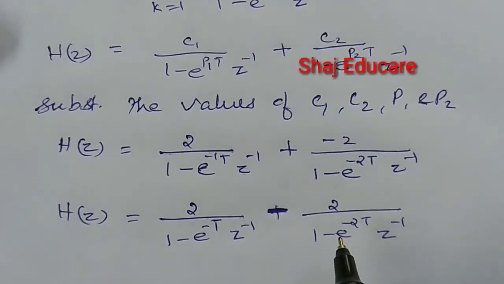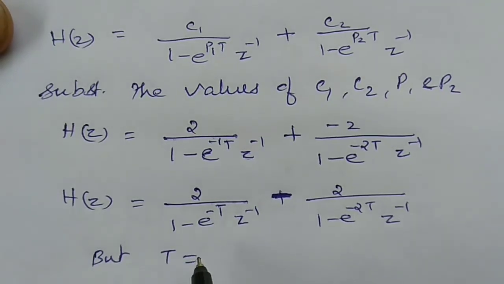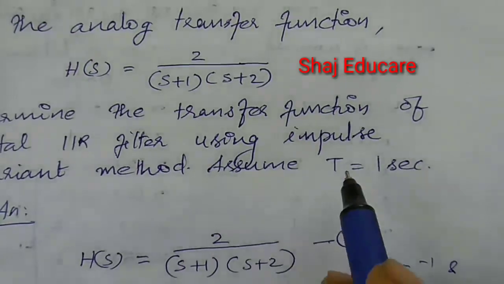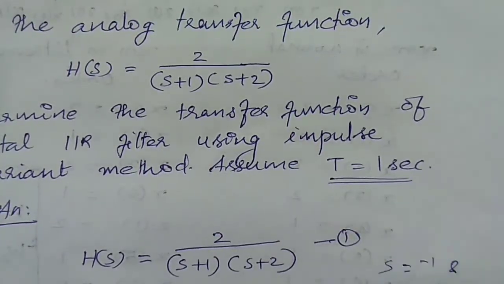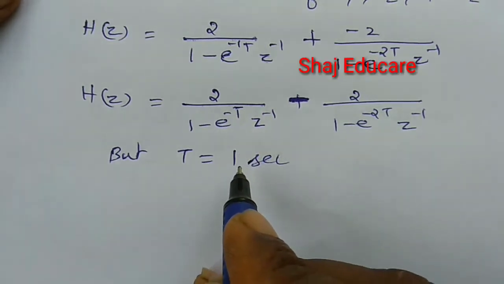And now it is given in the question that t is equal to 1. That was given in our question. So let us substitute the value of t also.